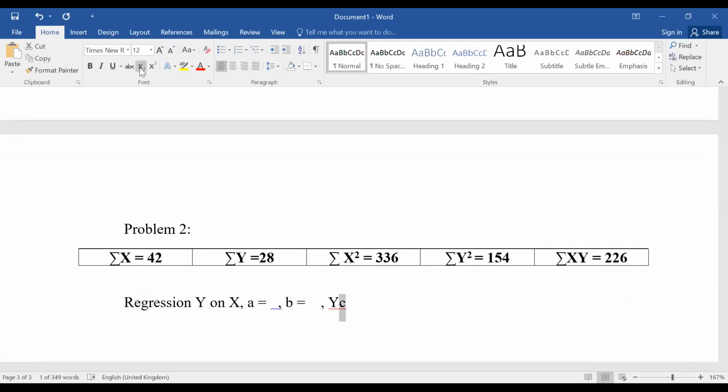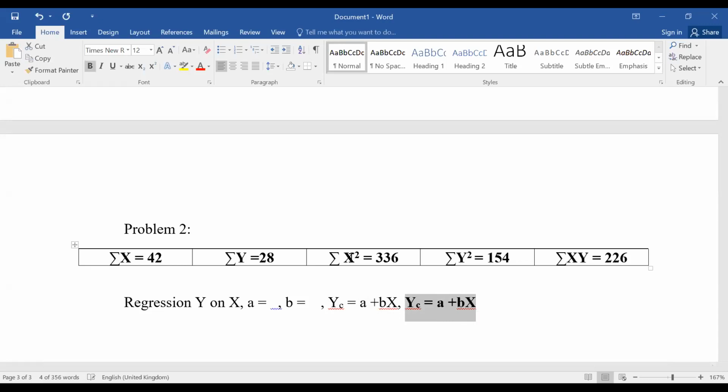It should be in the suffix Yc equal to A plus BX.